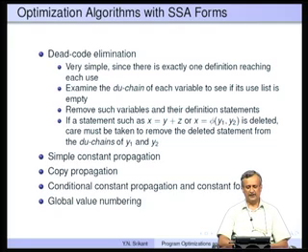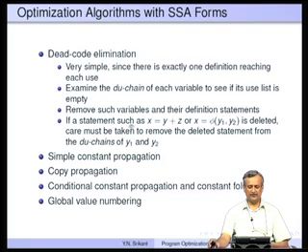So if the du chain of a variable is empty, then there are no uses of that particular variable and therefore the definition has no effect. So examine the du chain of each variable to see if its use list is empty. If it is so, remove such variables and their definition statements, as simple as that.